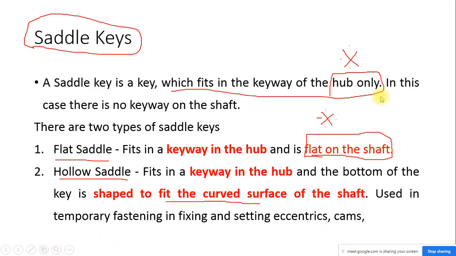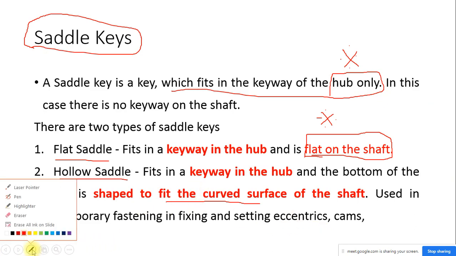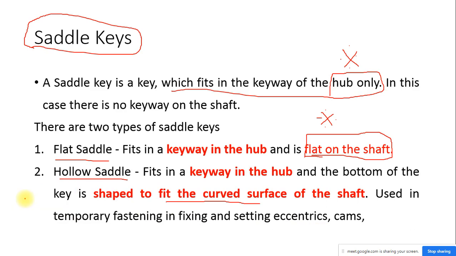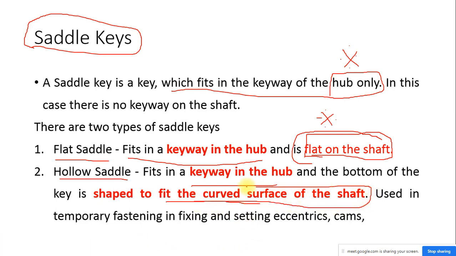So what is the difference between the flat saddle and a hollow saddle? On the upside, both will be having a keyway, in the flat saddle as well as the hollow saddle. But in the case of a flat saddle, on the shaft you have a flat side for the key. But in the case of a hollow saddle key, the key side will be having a curved surface, with which you can fit your shaft very snugly.